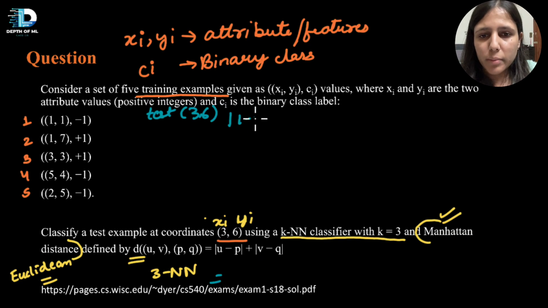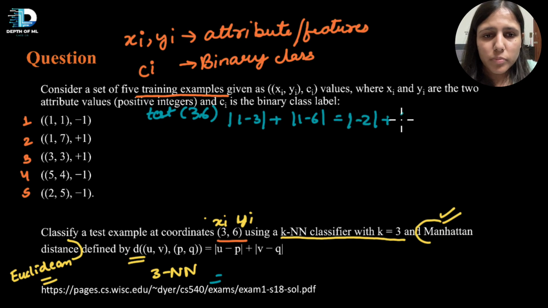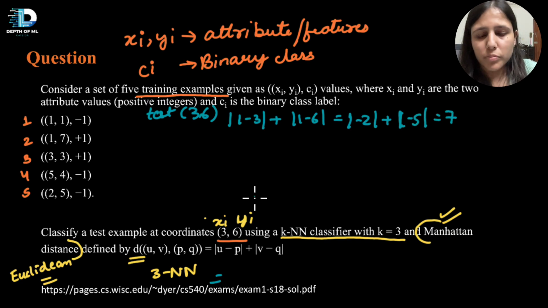So it will be the absolute value of 1 minus 3, plus the absolute value of 1 minus 6. This is absolute value of minus 2 plus absolute value of minus 5, which equals 7.